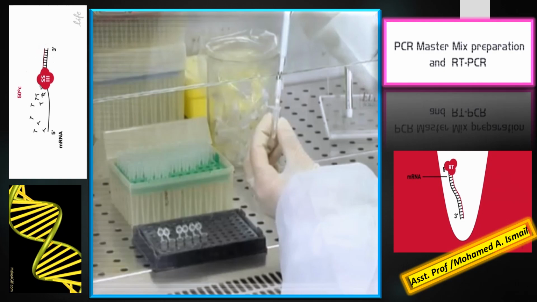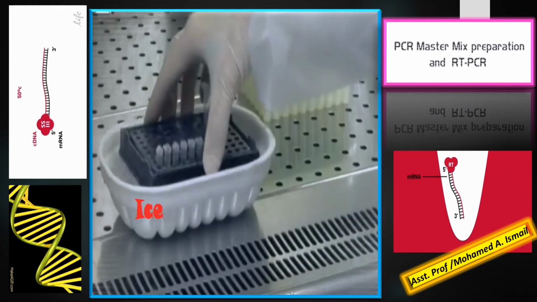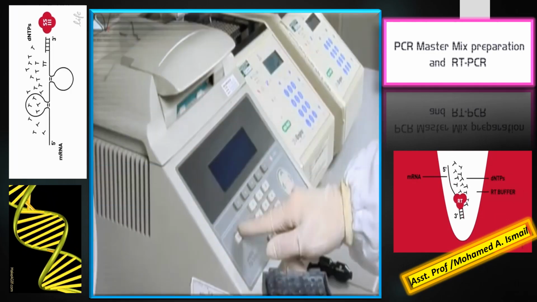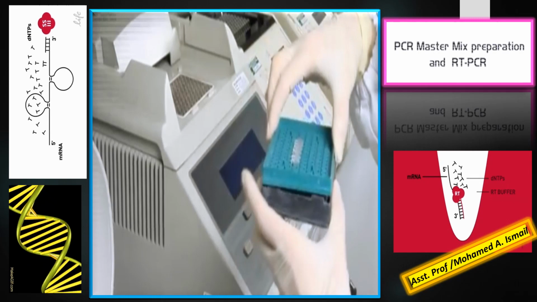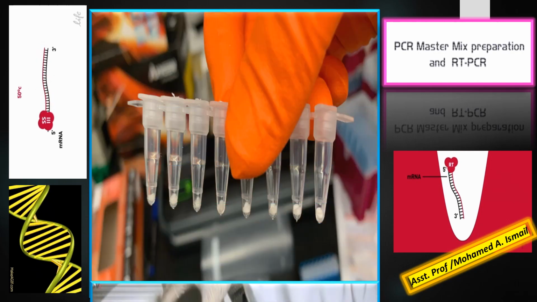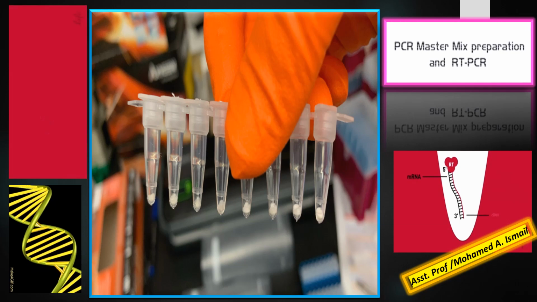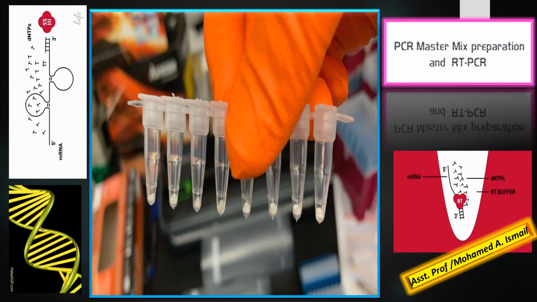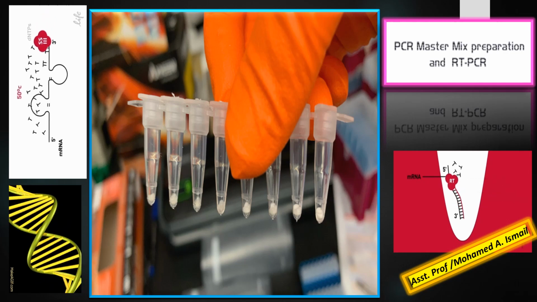The final PCR product of positive samples is called the amplicon and consists of millions of copies of the target DNA, a piece of DNA amplified by PCR.